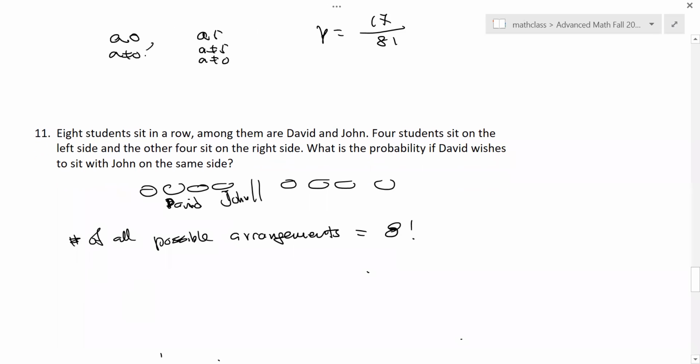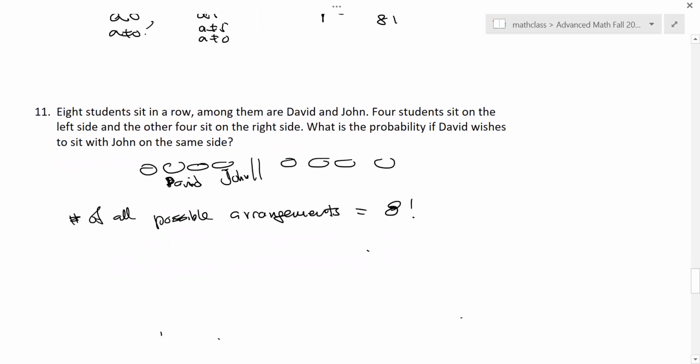Now the challenging part is how do I make sure David and John sit on the same side? How do we guarantee it? David and John on the same side.